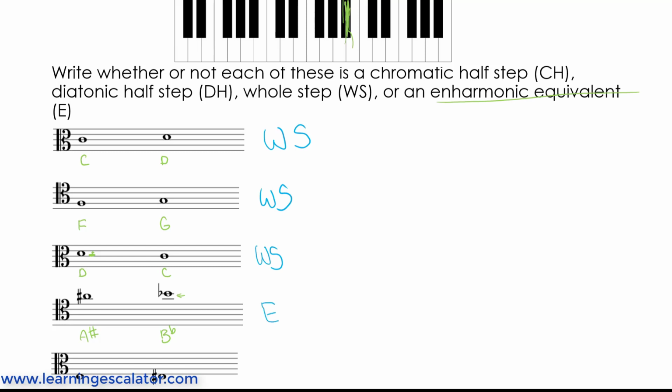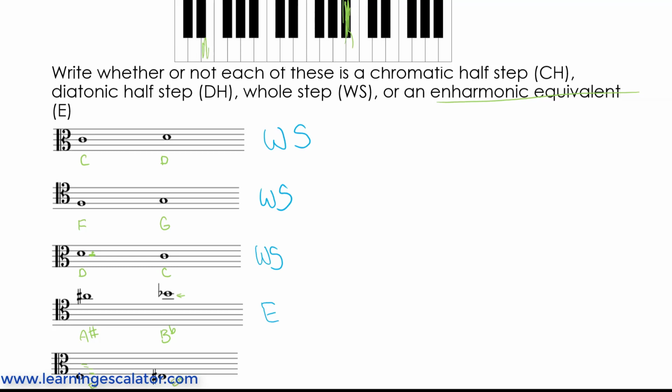Now the last one is the alto clef again. The first note is, not a C. If you count down, it's C, B, A, G, F, E. So it's an E. And the second note is an E sharp.